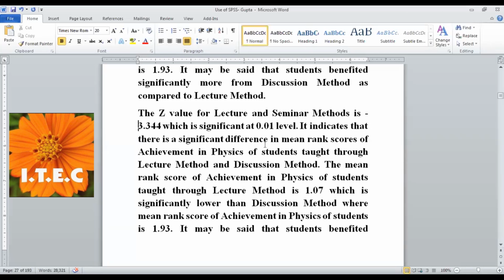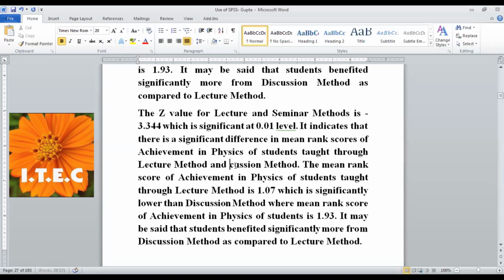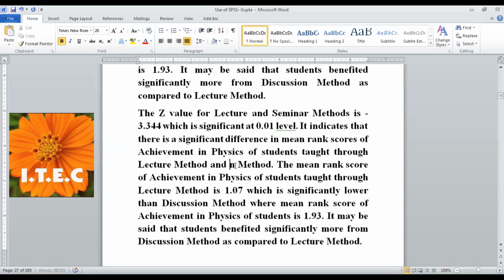It indicates that there is a significant difference in mean rank scores of achievement in physics of students taught through lecture method and seminar method.